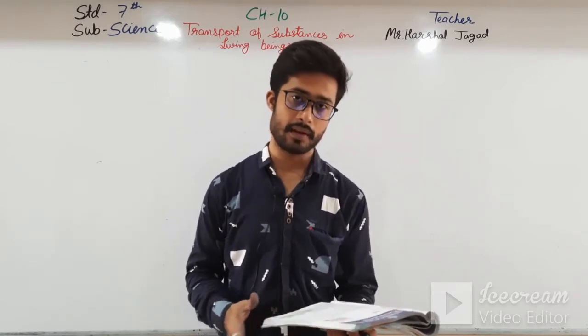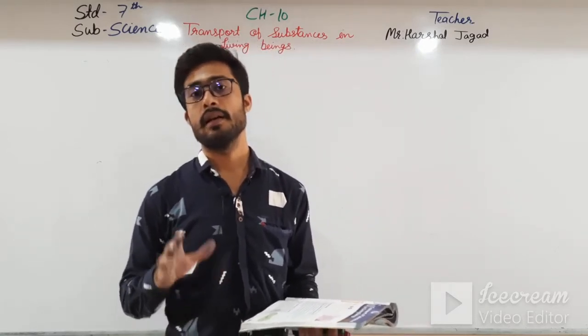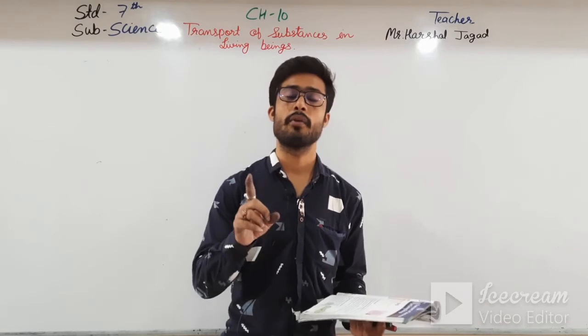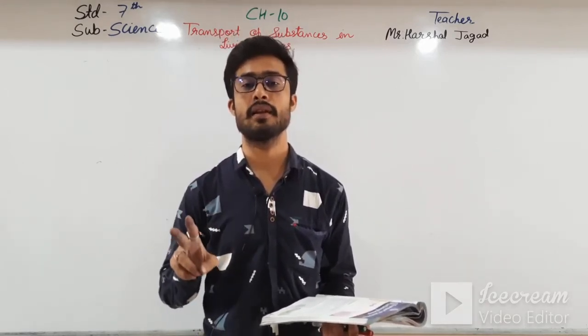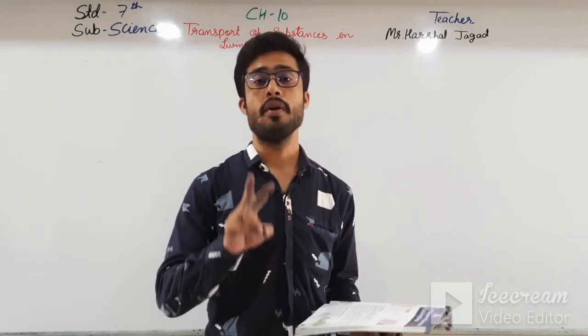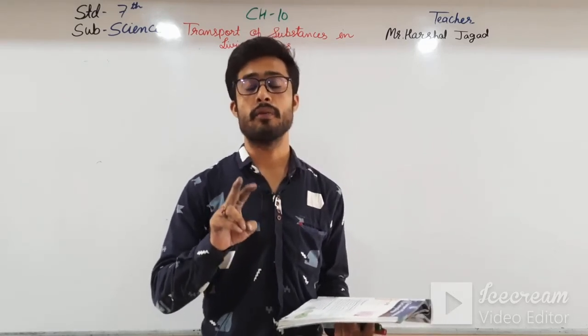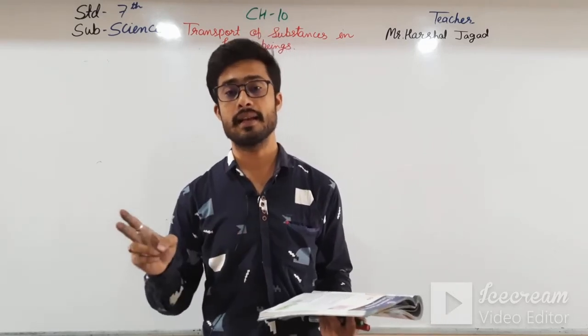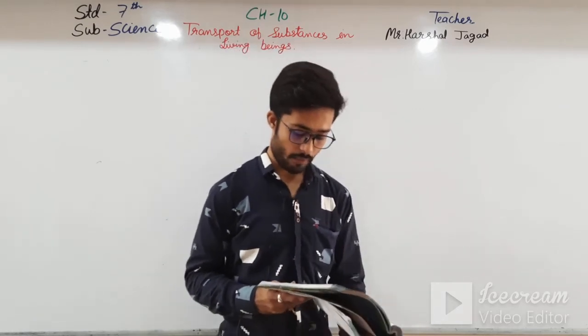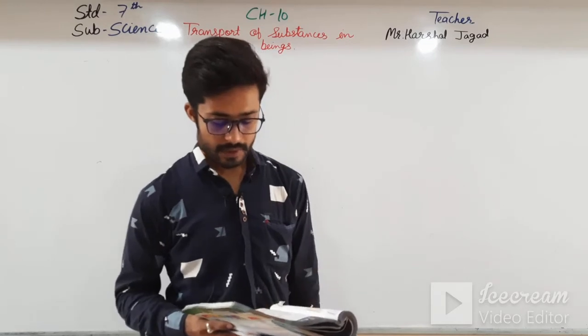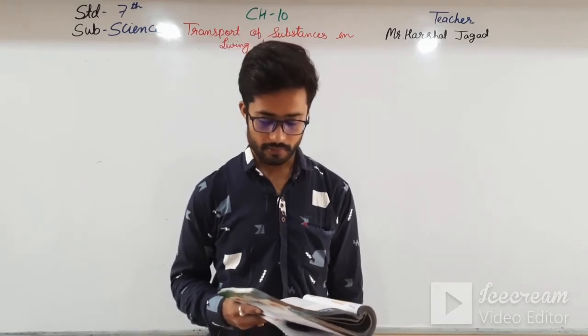So unicellular, we know what unicellular are. The organisms which have only one cell are known as unicellular. And what are multicellular? The organisms which have more than one cell are known as multicellular. Organisms such as amoeba and paramecium do not have a special organ for transport.